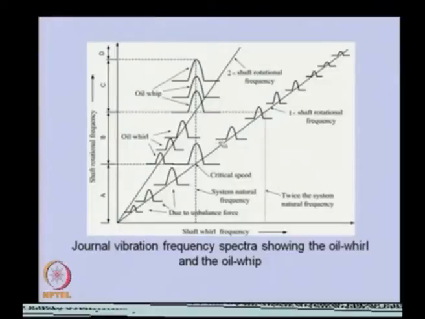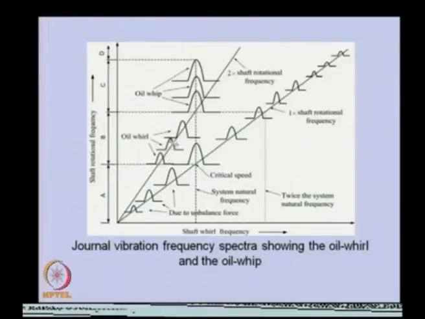If we increase the speed up to twice the natural frequency, so this particular point is twice the natural frequency, the rotor is now rotating at twice that speed, and at this speed we do not expect much vibration in the 1x component, but here we have a very large amplitude of vibration.